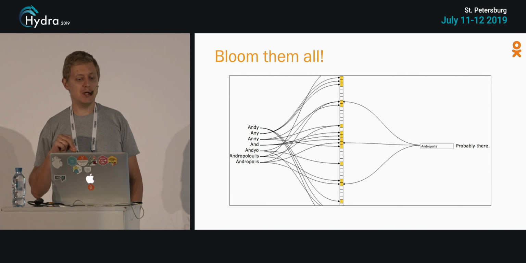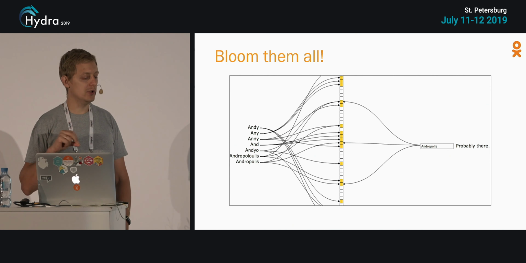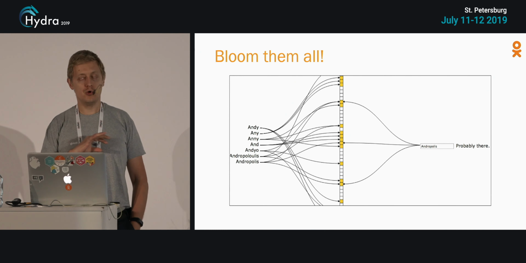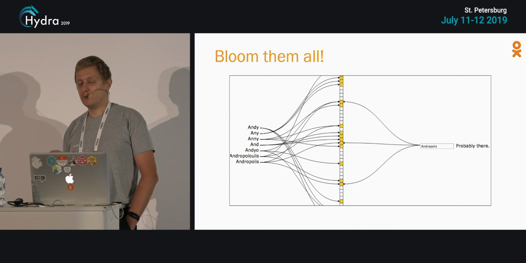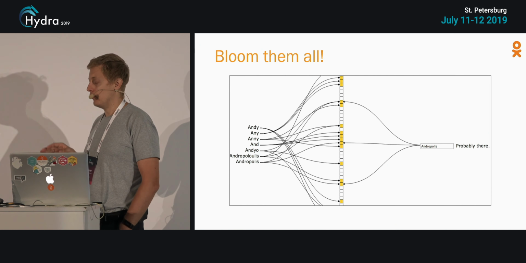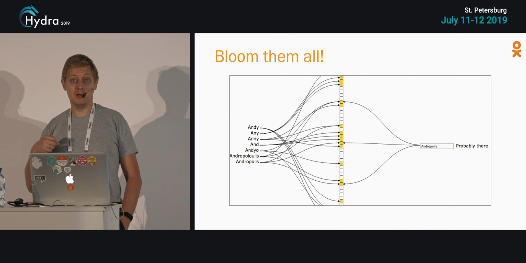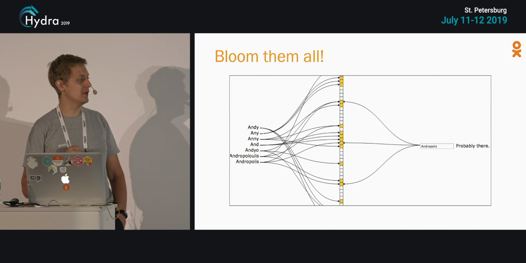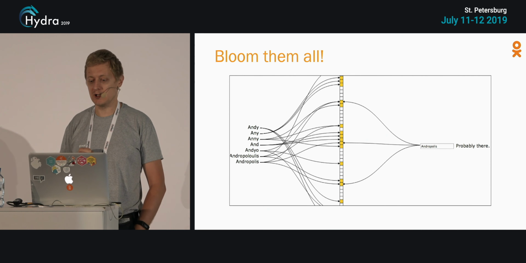If a Bloom filter says that users are not connected, then they're for sure not connected. If a Bloom filter says that users are probably connected, then they are probably connected, but maybe it's a mistake, it's a false positive mistake.